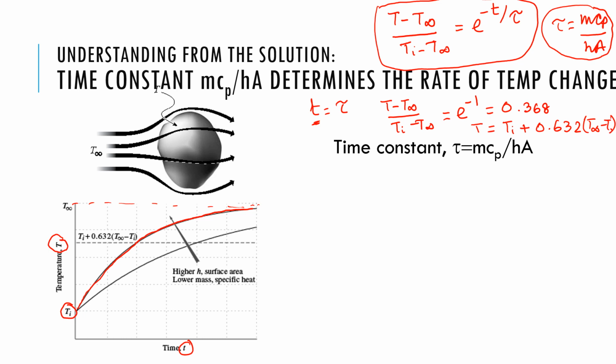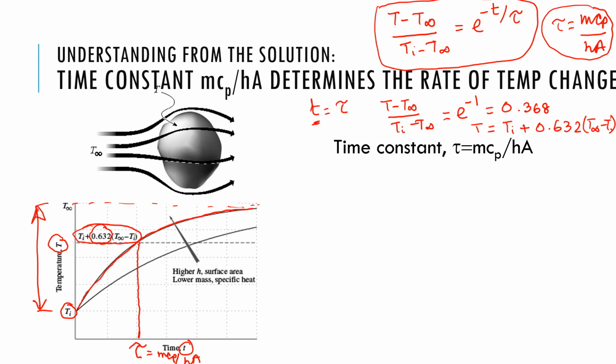This is a little bit of massaging of these numbers. So this is the temperature. What this means is when t is equal to the time constant, tau equal to mcp over hA, the temperature has changed to 63.2% of the total possible change. So the total possible change is this.